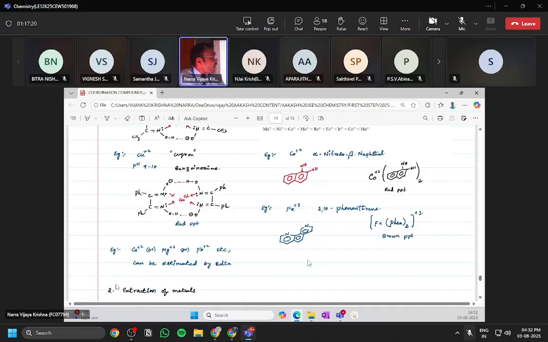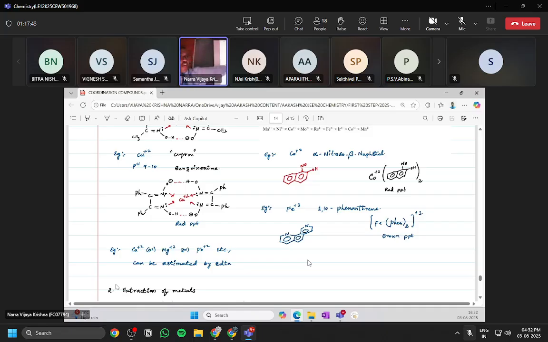Right? Now, same way, cobalt can be estimated by using alpha nitroso beta naphthol. It forms a red color precipitate. Here also a red precipitate, here also a cherry red precipitate. Now iron with 1,10 phenanthroline forms a brown precipitate.